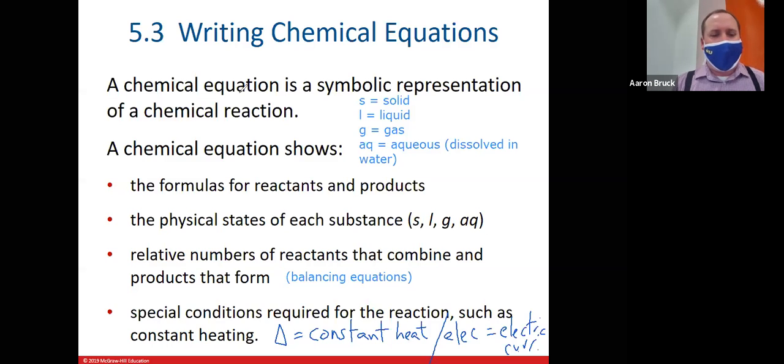If we were to write that chemical equation, in order for it to be complete, we would include ELEC because we had to run that reaction by shocking it with electrical current. Simply heating the water was not going to get it to split into hydrogen and oxygen. We had to provide a significant amount of energy through electricity.